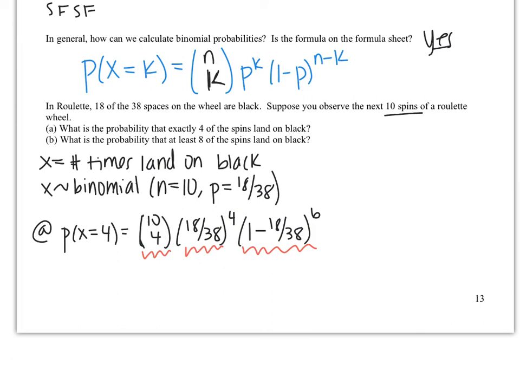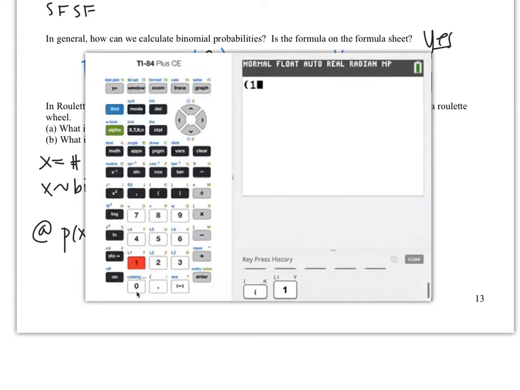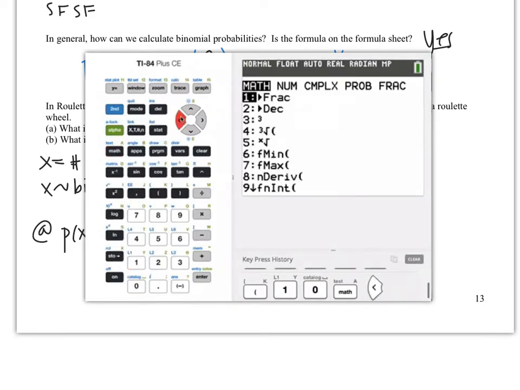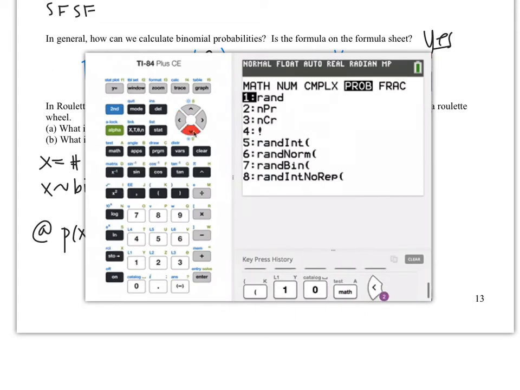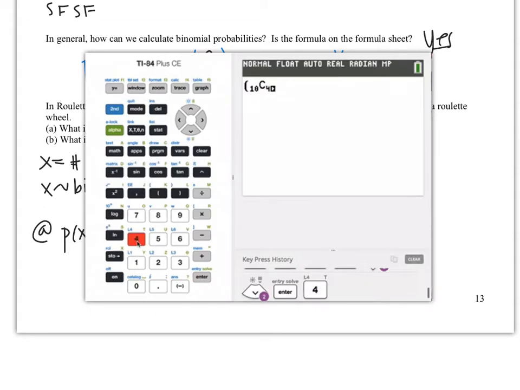So what I want to do right now is show us how to do this on the calculator. So if you could take your calculator out. Okay, so first thing that you're going to need to do is type in that 10 choose 4. So you're going to type in 10, then you're going to go to math and over to probability, and you're going to choose number 3. Then you can put in the 4. Now, at this point, mind you, yours might not look exactly the way mine does based on what version of the calculator you have and what software, which is fine.